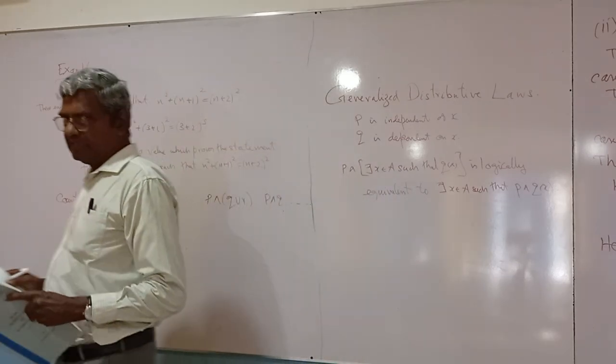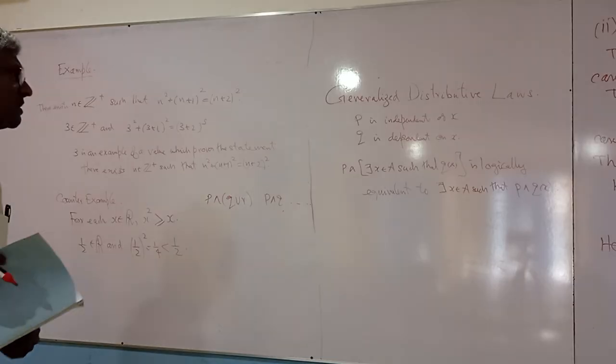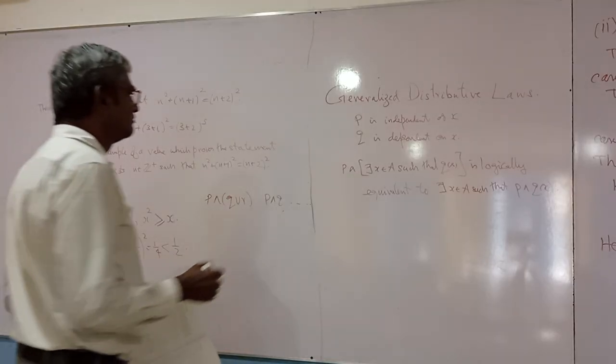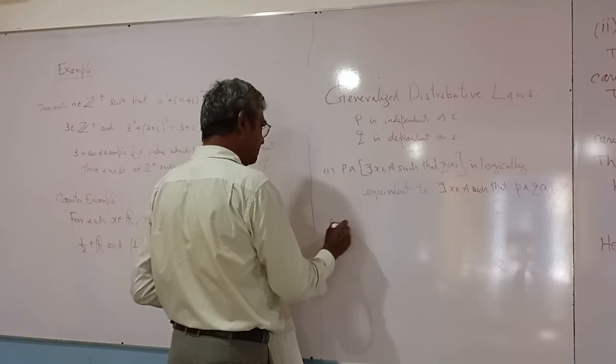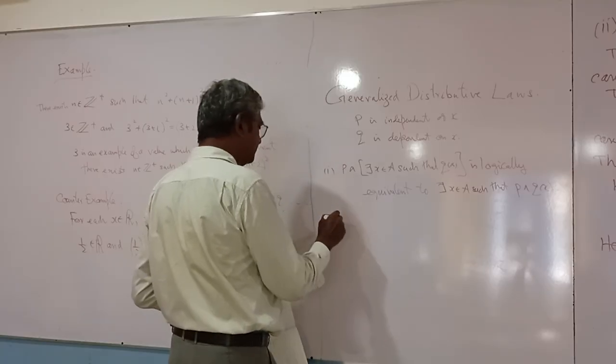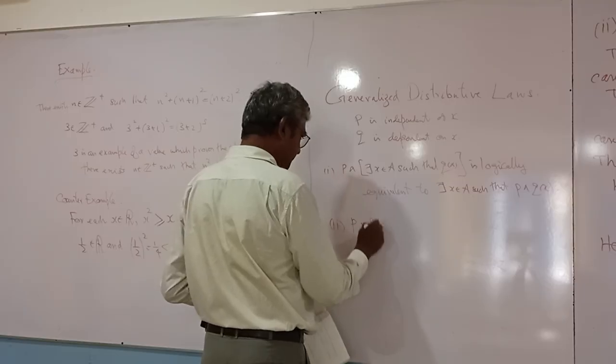When P has nothing to do with X, you can take it inside. Again, P or for X belongs to A, Qx.